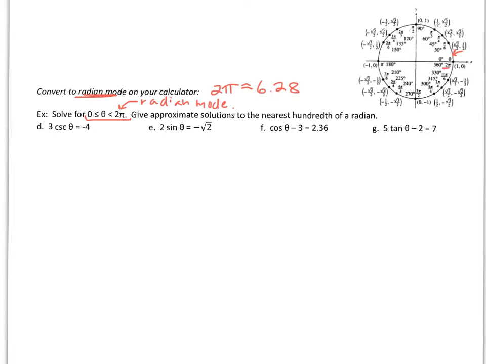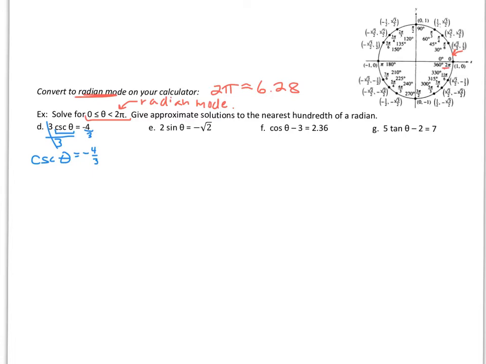3 times cosecant theta equals -4. Notice we have a reciprocal function right here, cosecant theta. The first thing we want to do is get that by itself. Let's divide both sides by 3. Then we have cosecant theta equals -4/3.